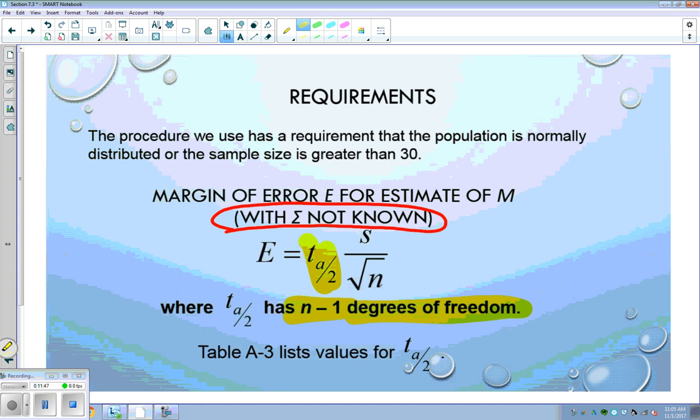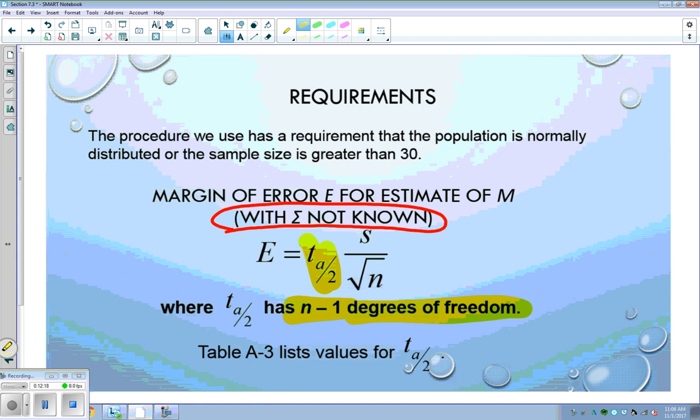So if I had n of 30, I'm going to subtract 1, and my degrees of freedom is going to be 29. So along the first column are my degrees of freedom. So I would go down to 29, but then there's all these choices for degrees of 29. I have to decide which column I use.